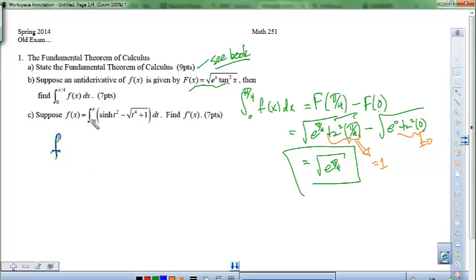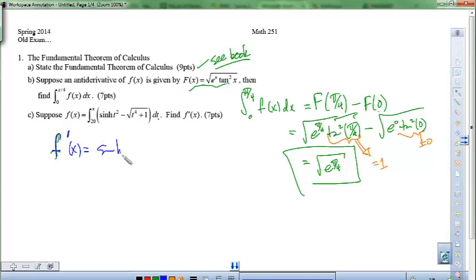We know that if we are taking the derivative of this thing, then it's simply, remember this is a t, the dummy variable, and you plug in the x. The derivative of the integral of a function is the original function evaluated at the limits, or in this case at the top limit.